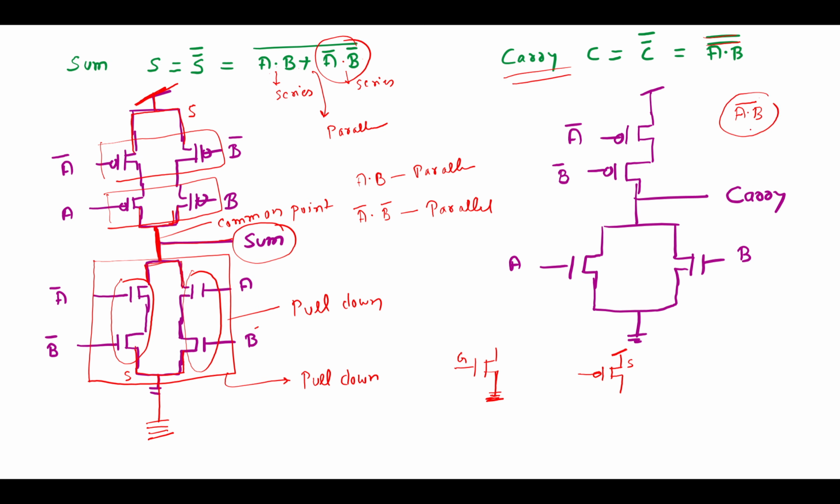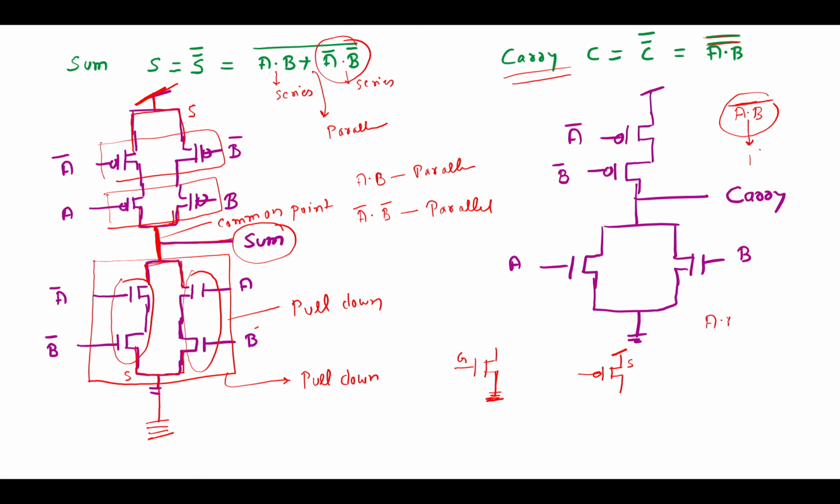Dot means a dot b whole bar. Dot represents a series connection. Otherwise you have to convert this function, I will tell you.